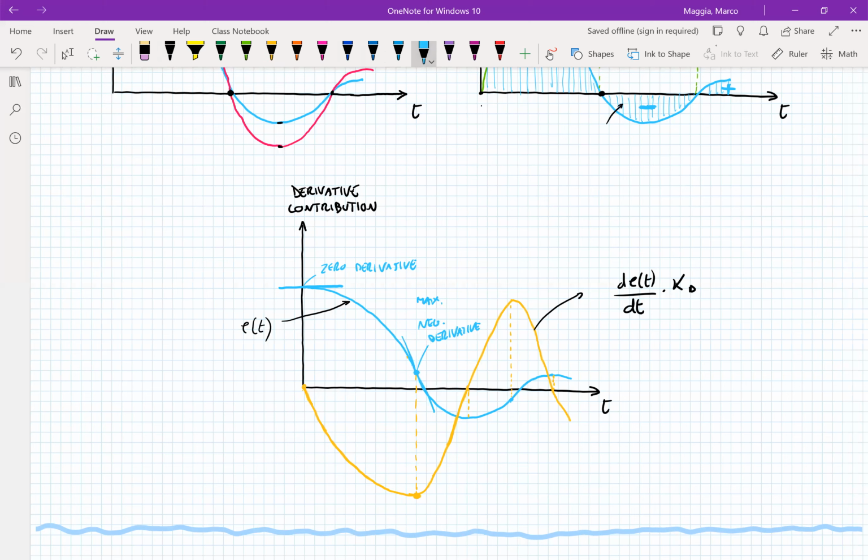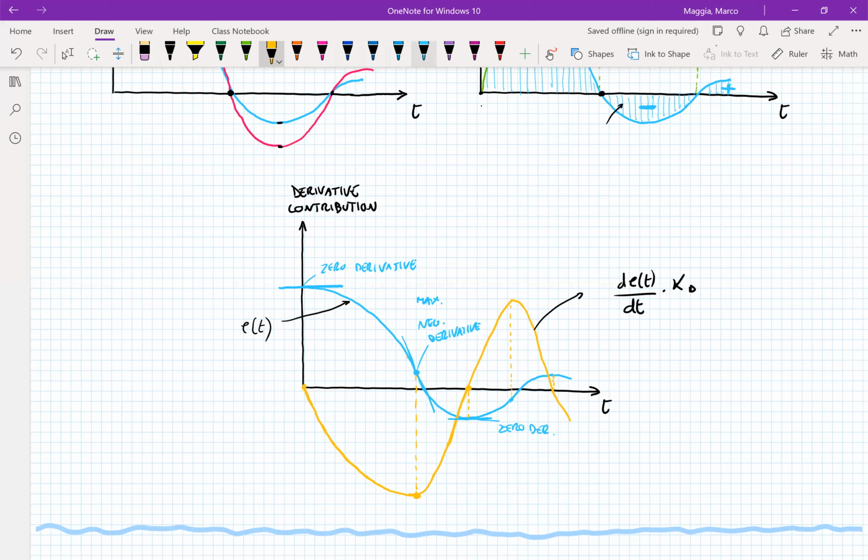And then once again, looking at the e of t function, when we reach a minimum with 0 derivative, the yellow curve must pass through 0, and so on and so forth.